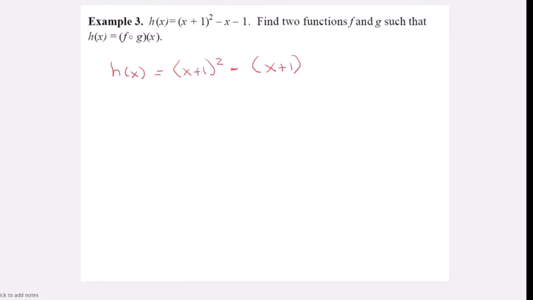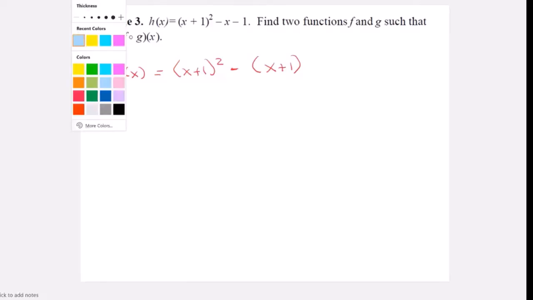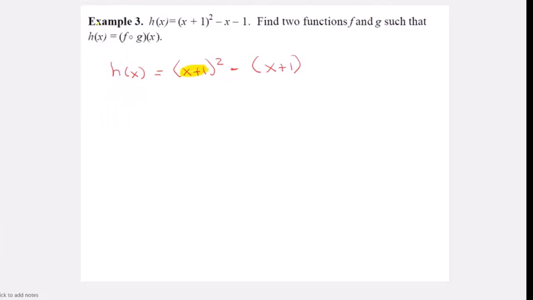Nice. Now I can kind of see my functions, can't I? If I make x plus 1 my inside function, which is g of x, and I make f of x my outside function, remember I'm going to plug in x plus 1 everywhere there's an x in f of x.